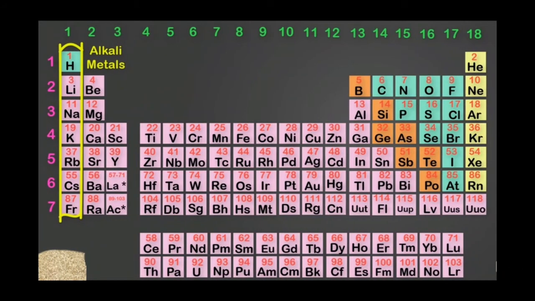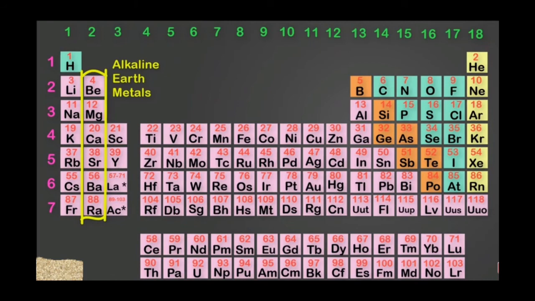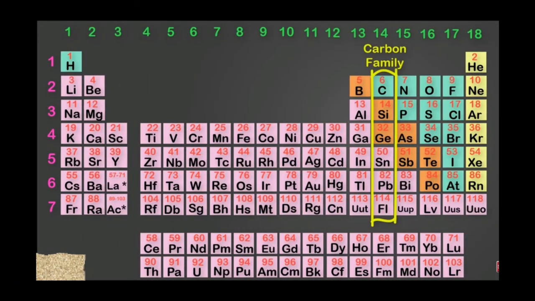Group 1 elements are called alkali metals. Group 2 elements are called alkaline earth metals. Group 13 is called boron family because boron is the first member in the group. Similarly, group 14 is called carbon family.